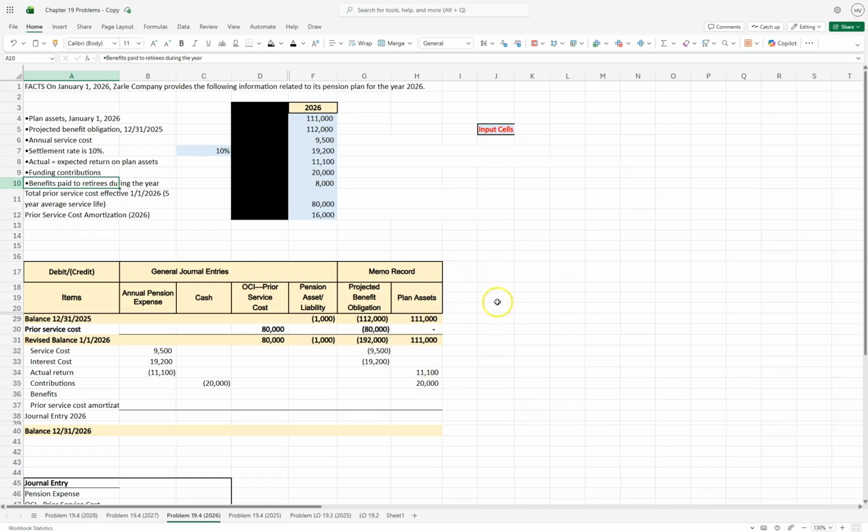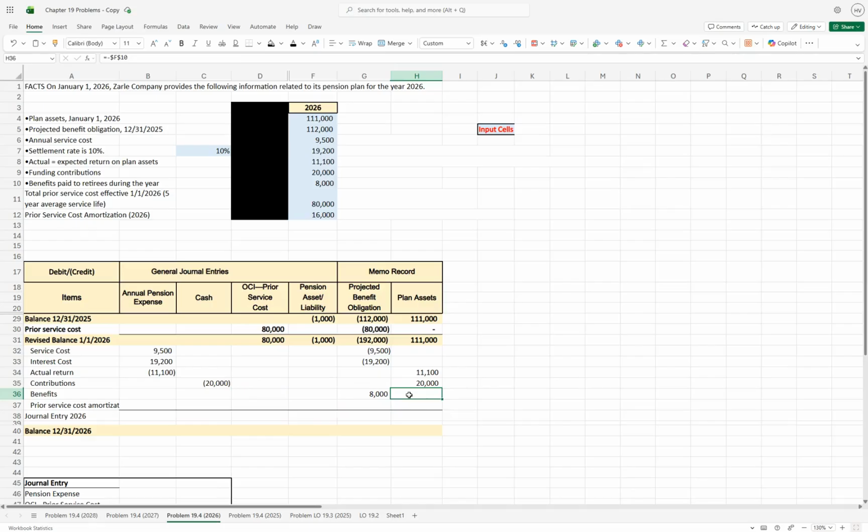So we have paid now our benefits to the retirees, which would lower our projected benefit obligations. So we're going to debit the PBO, but we're not going to credit the cash. We're not paying that projected benefit obligation with cash.